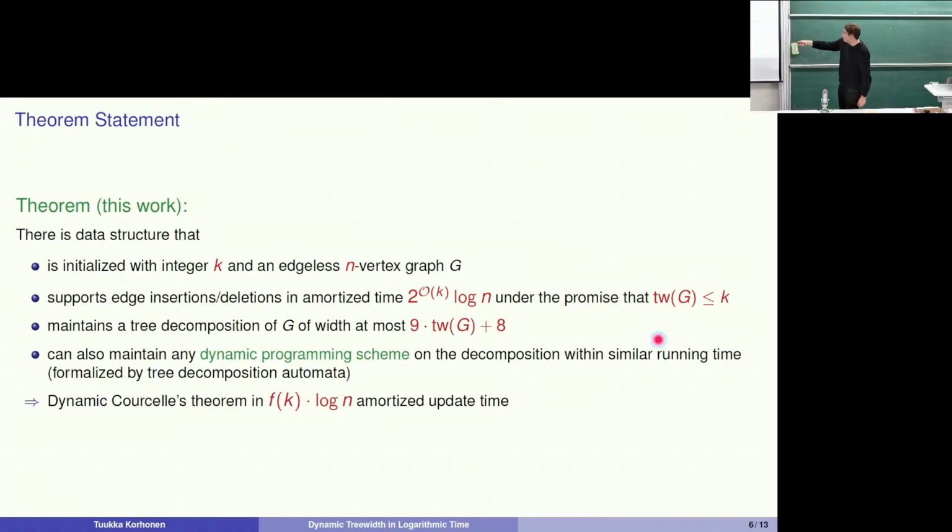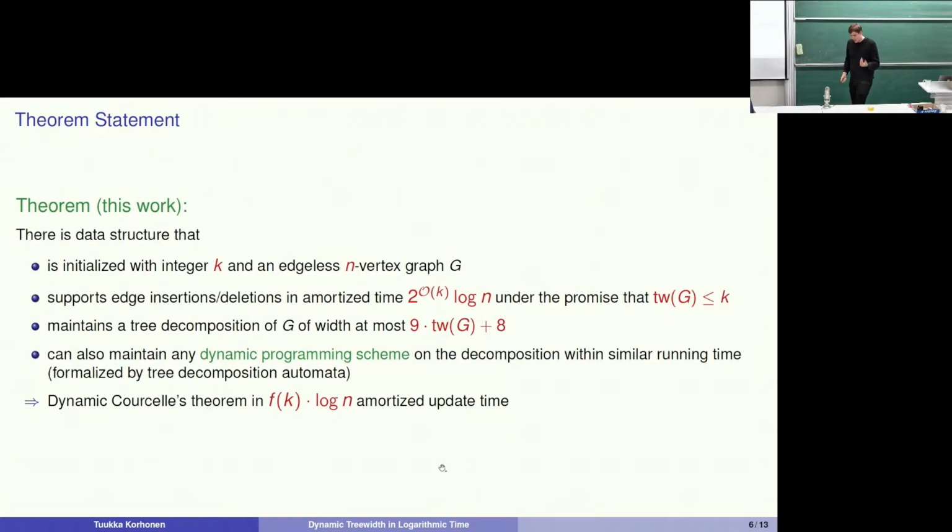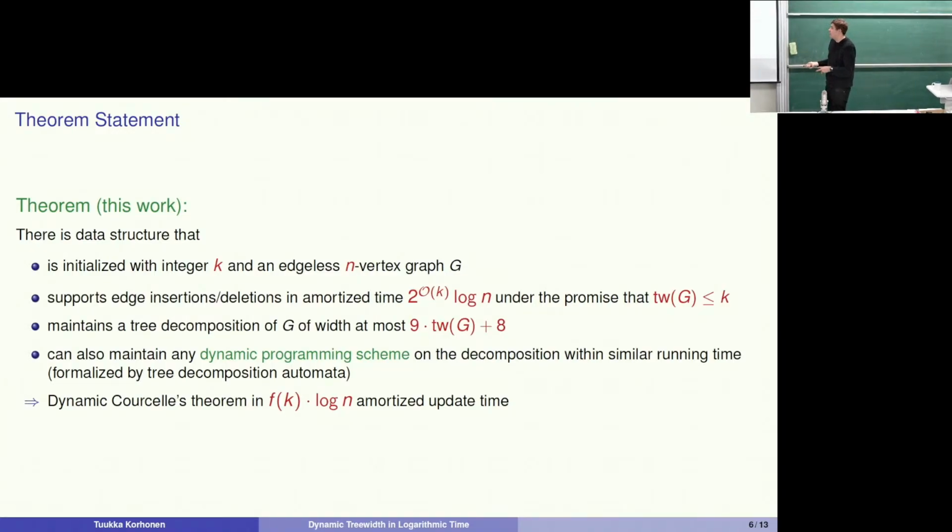This can be used to remove this promise condition, or at least we can detect when the tree width actually grows too large. Instead of having this promise, this can be turned into a data structure where when I insert an edge, the data structure tells me that inserting this edge for sure turns the tree width too high, so it will not accept this insertion.